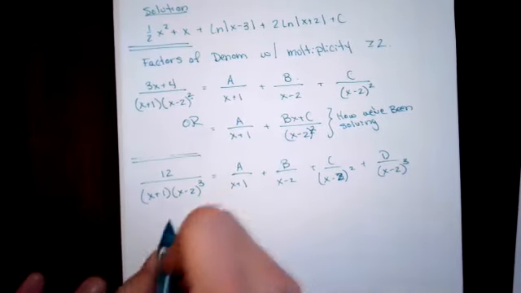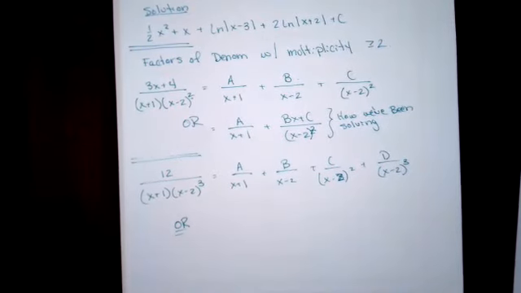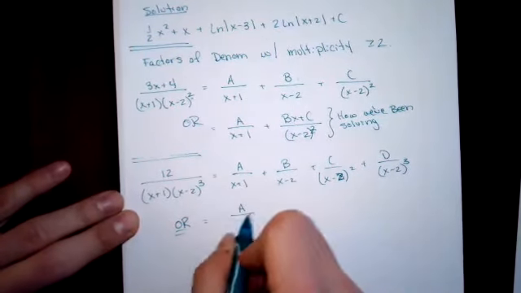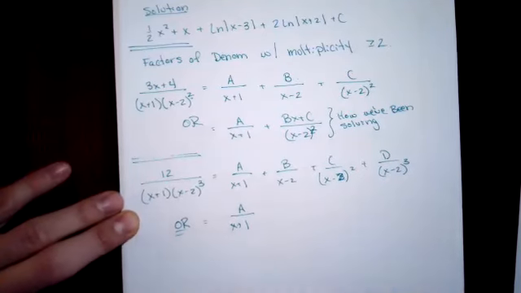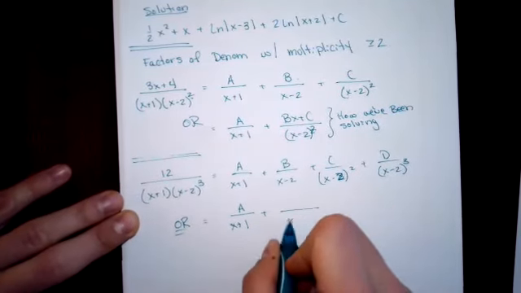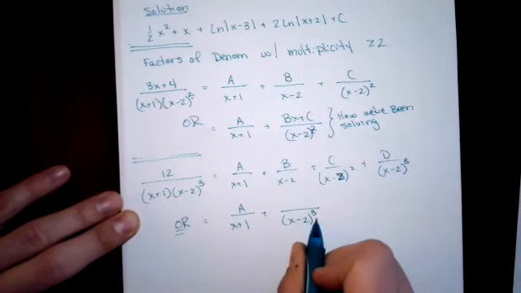The other way, following our standard method that we've been doing, I would write it as a over x plus 1 plus, well, now our denominator is a degree 3 denominator.